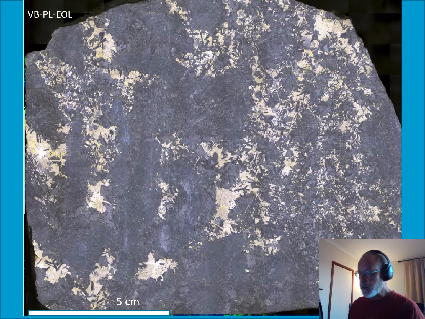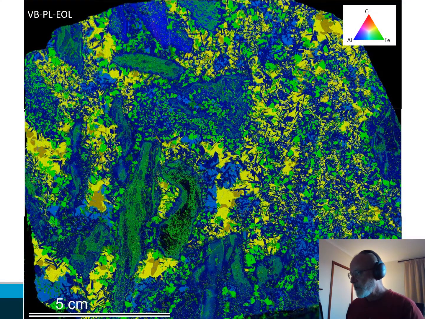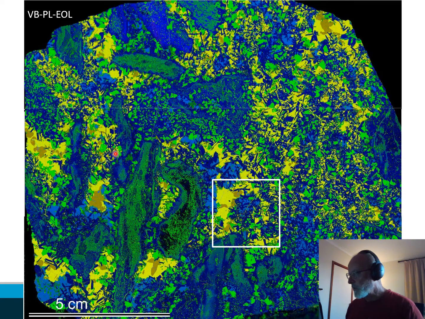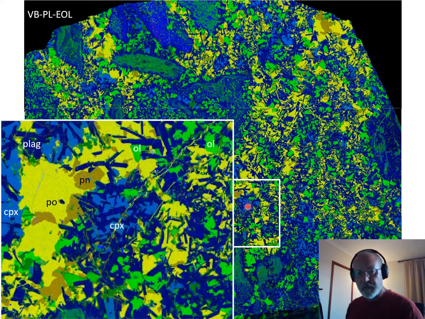So let's take a look at pulling apart another one of these fragments now. And so here's the rock as it appears in normal light. Here's the XRF image. And we'll just blow a little piece of that up so you can see what these components are. So we're just going to blow up this little fragment here.